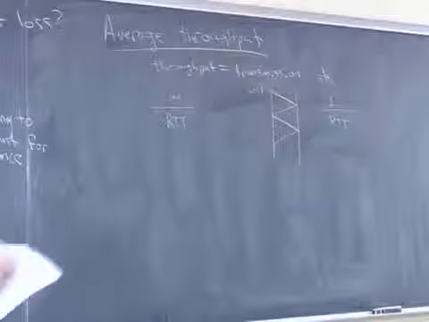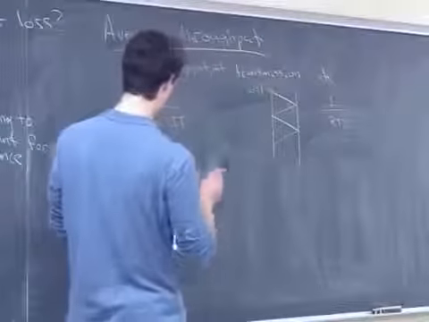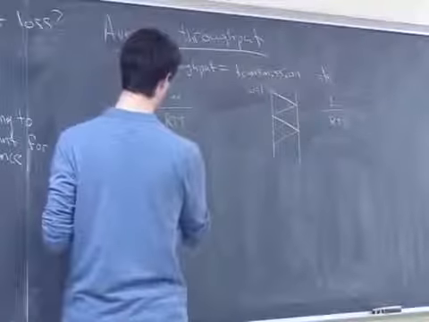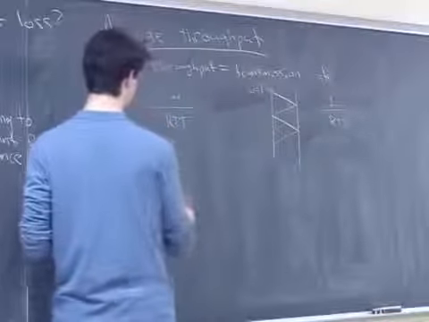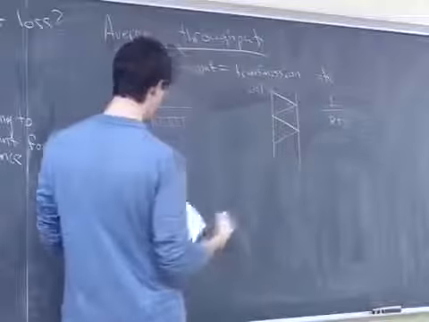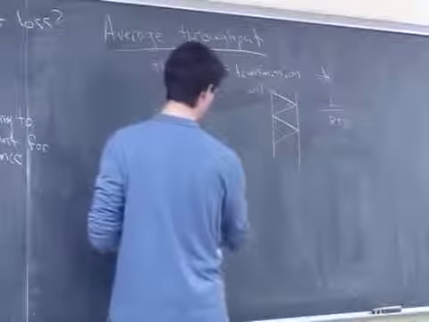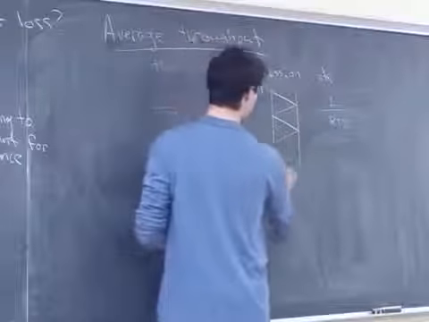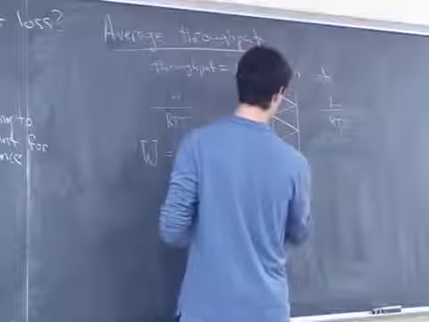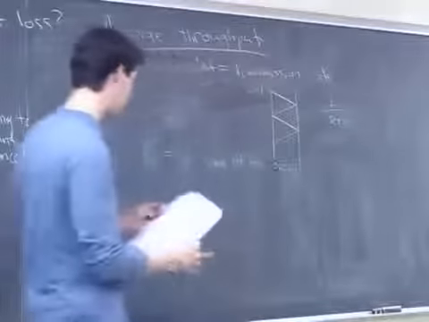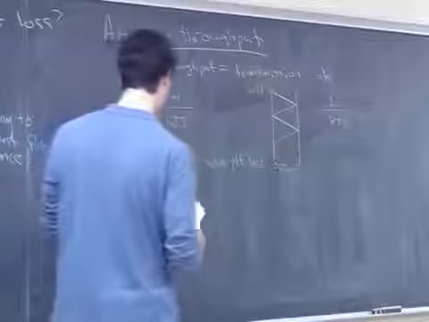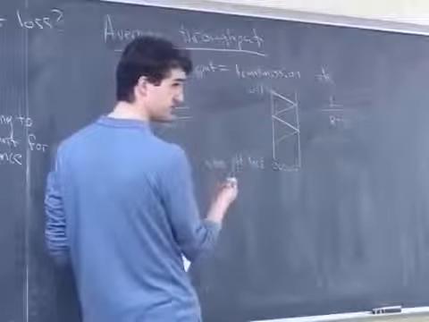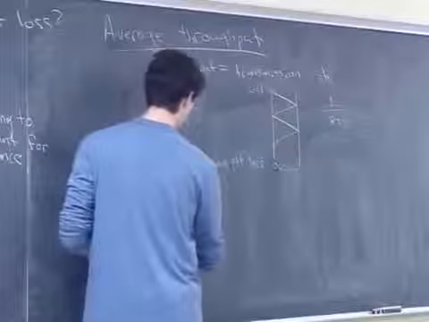All right? So if we assume that on average a loss occurs, I'm going to use capital W to indicate the window size when a loss occurs. And I'm going to make one more assumption, and that is that the loss is always detected by a triple duplicate ACK, right?